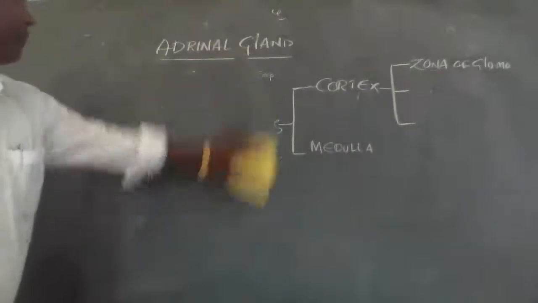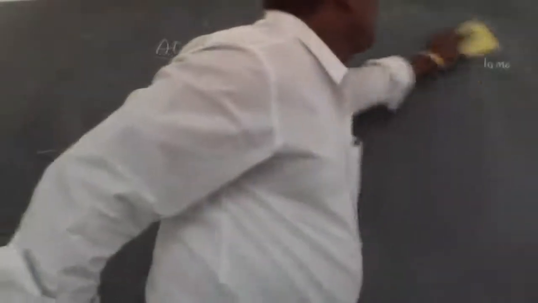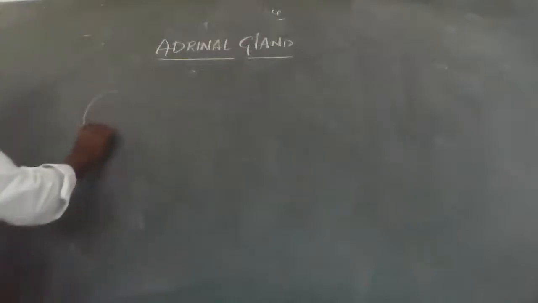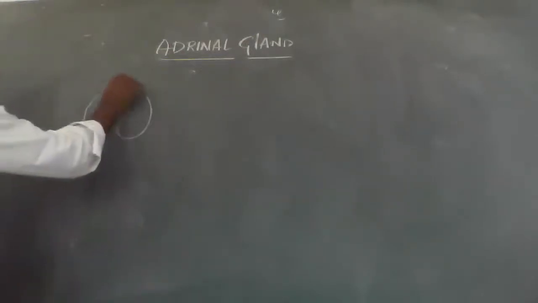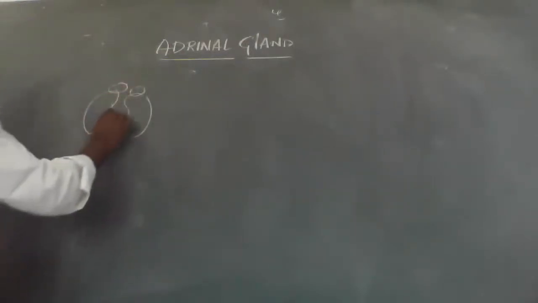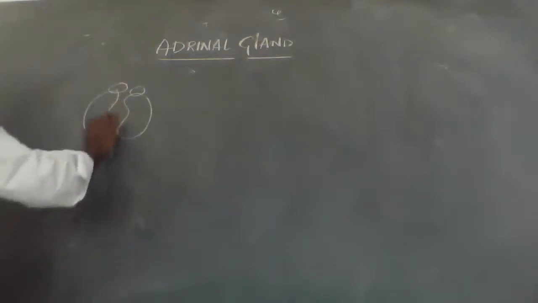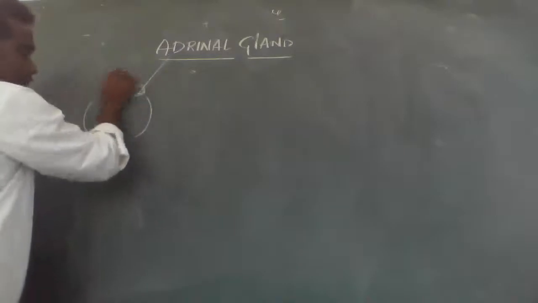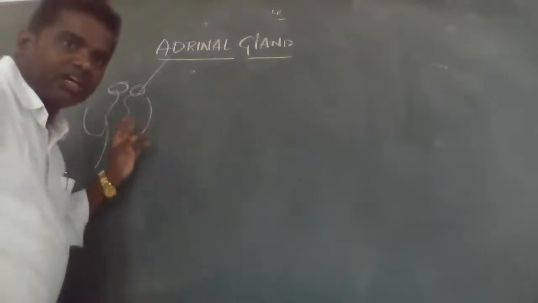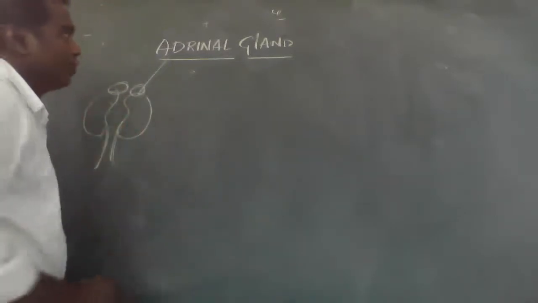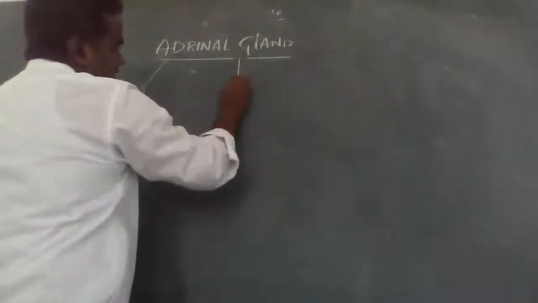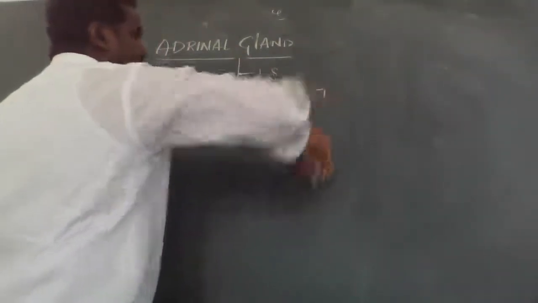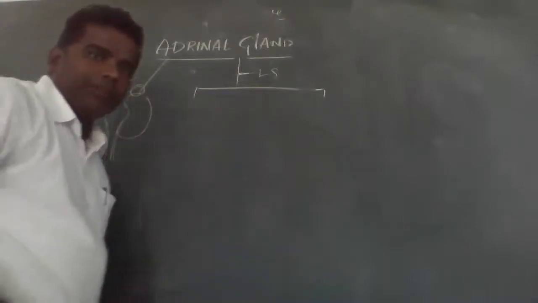This is the adrenal gland, a cap-like structure located on the top of the kidney. In the LS, how many parts are there?